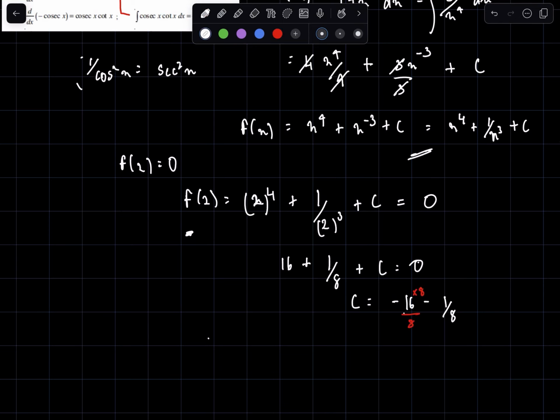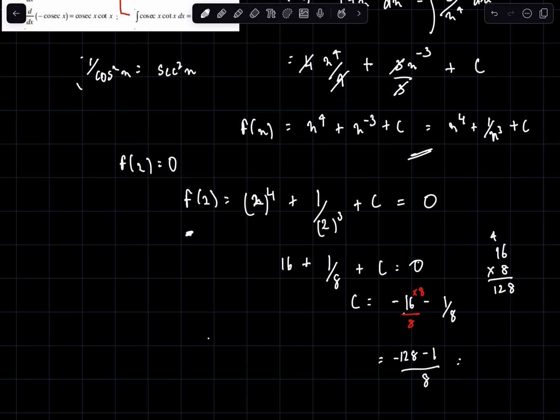So what is 16 times 8? 6 8s are 48, 128. So we've got minus 128 minus 1 divided by 8, which is equal to minus 129 divided by 8. So we got a c value.